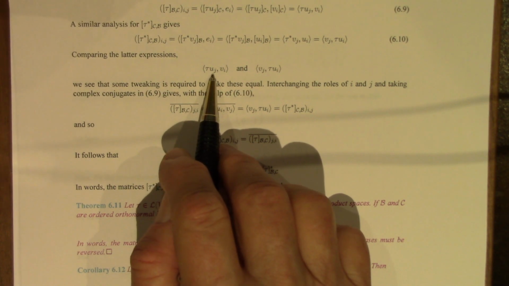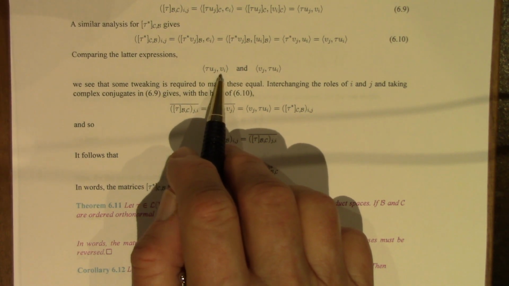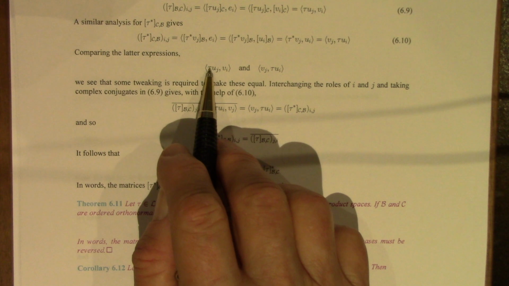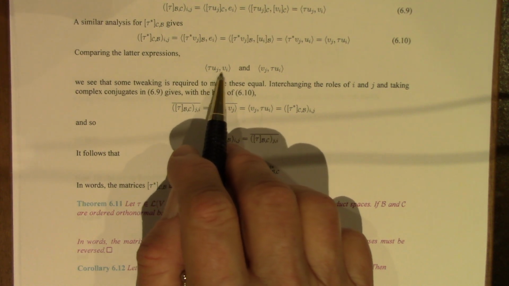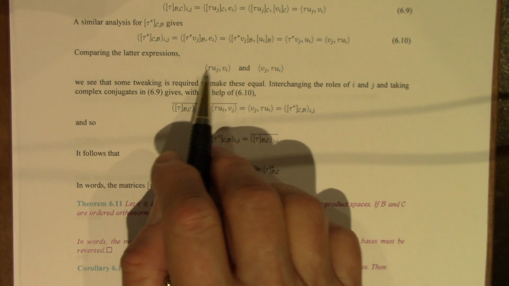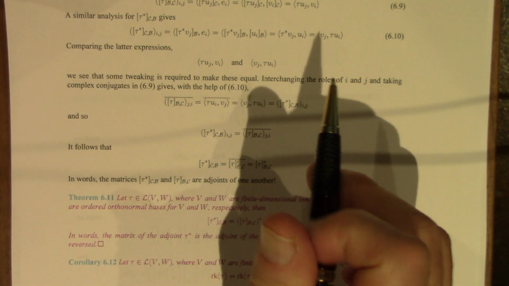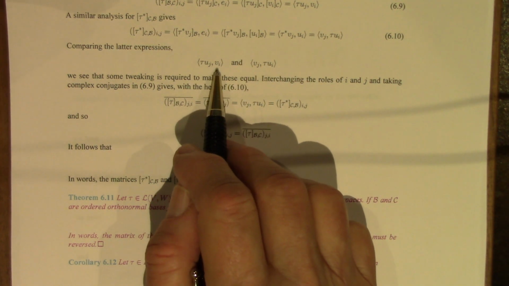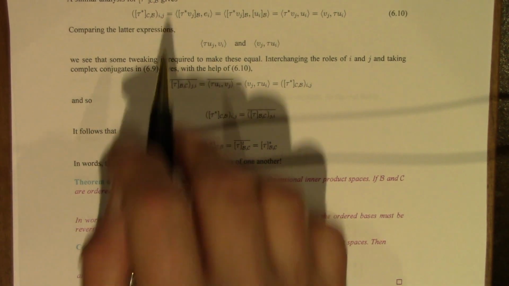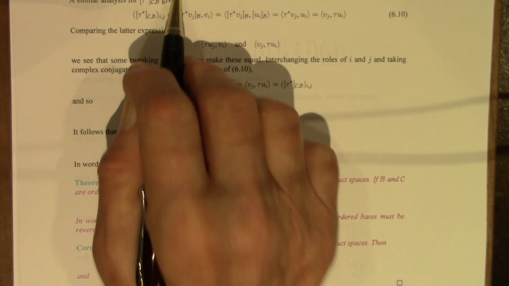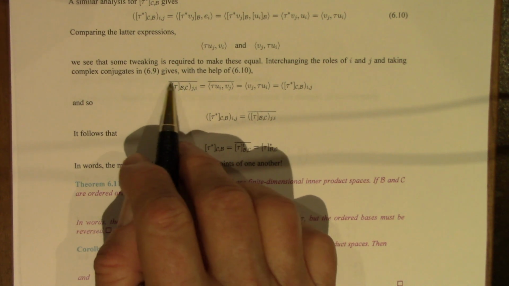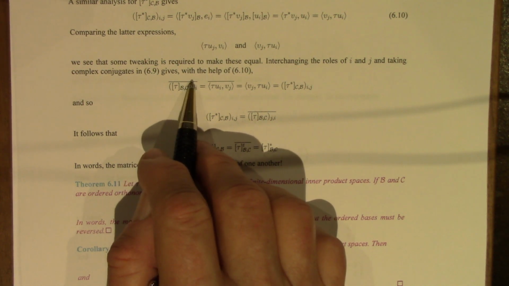Well, all we have to do in this first expression is interchange i and j, and that'll give us tau ui, vj, and then we have to take complex conjugates. So let's see how that goes. From here, I interchange i and j, and I take the complex conjugate.